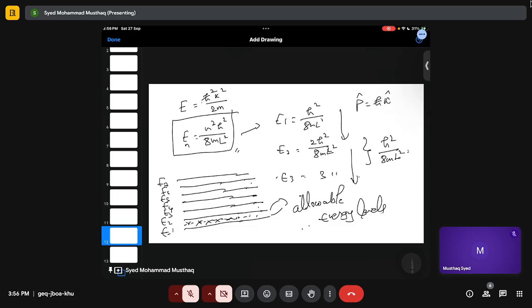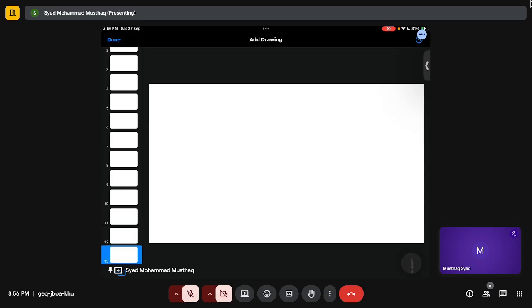Now let's move on. So this is about the particle in a one-dimensional box. Now coming to the density of states. Now see, if I do not confine, then what happens? I have explained this before. Every atom has some atomic orbitals.